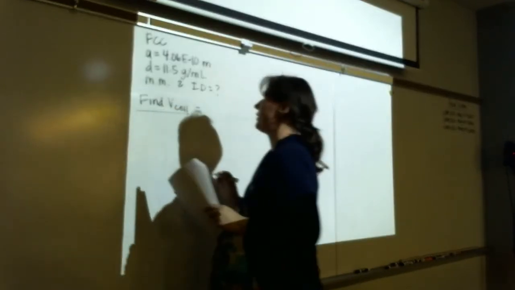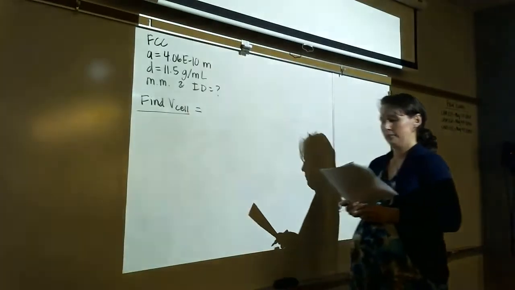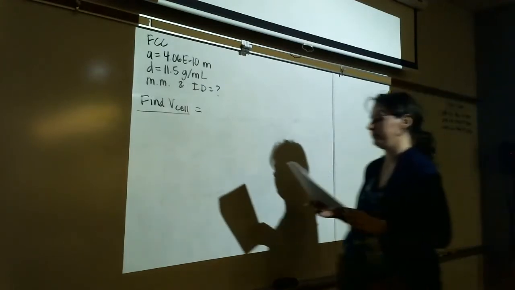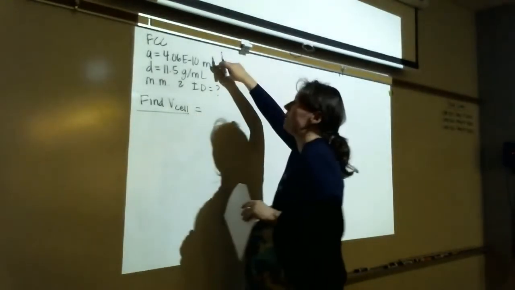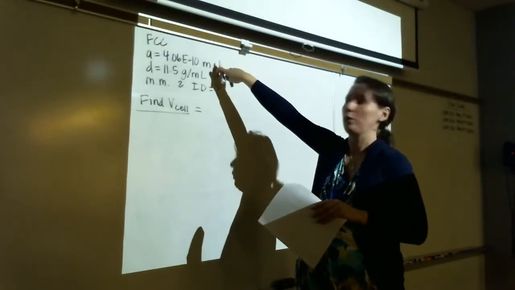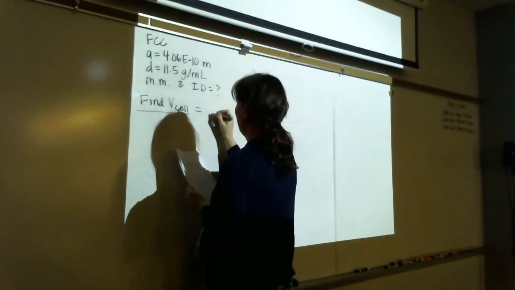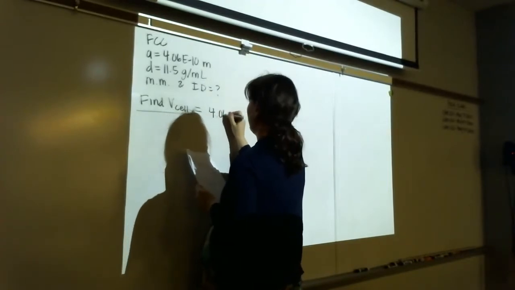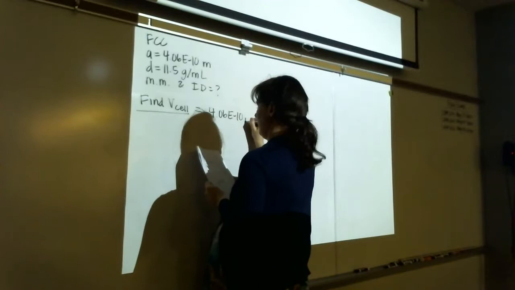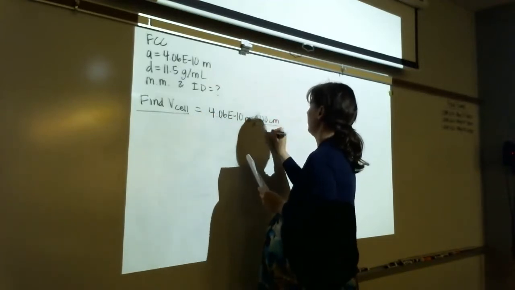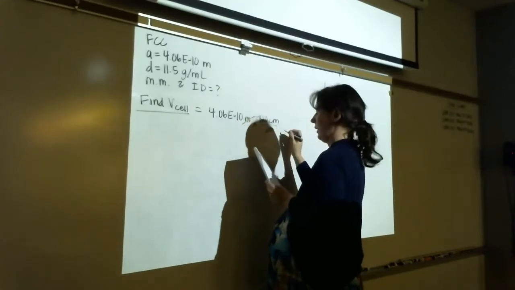How do you get volume of a cell? That's edge length cubed, right? Now we're going to use meters. We want to convert that to centimeters, right? So we would say 4.06 times 10 to the negative 10th meters. There are 100 centimeters per meter, right?